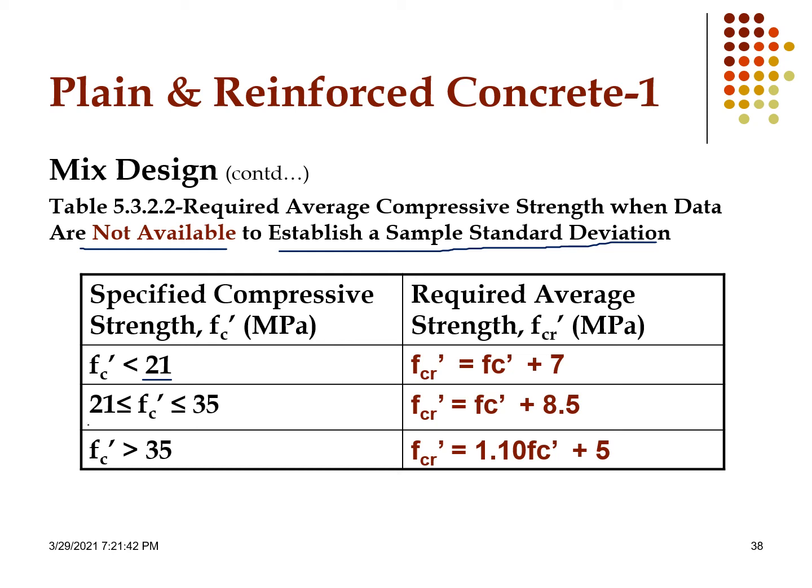If compressive strength is between 21 and 35 megapascal, then the required or targeted compressive strength is equal to f'c plus 8.5. And if our compressive strength is greater than 35, then the required or targeted compressive strength needs to be equal to 1.1 times f'c plus 5.